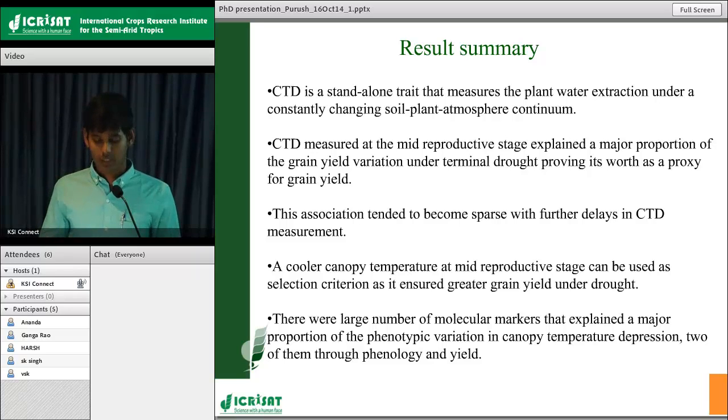Though these associations tend to become very sparse as crop growth increases and it approaches maturity. A cooler canopy temperature at the mid-reproductive stage can be used as a selection criterion as it ensures greater grain yield under drought. There were a large number of molecular markers that explained a major proportion of phenotypic variation in canopy temperature depression, 2 of them linked through phenology and yield, as I mentioned.